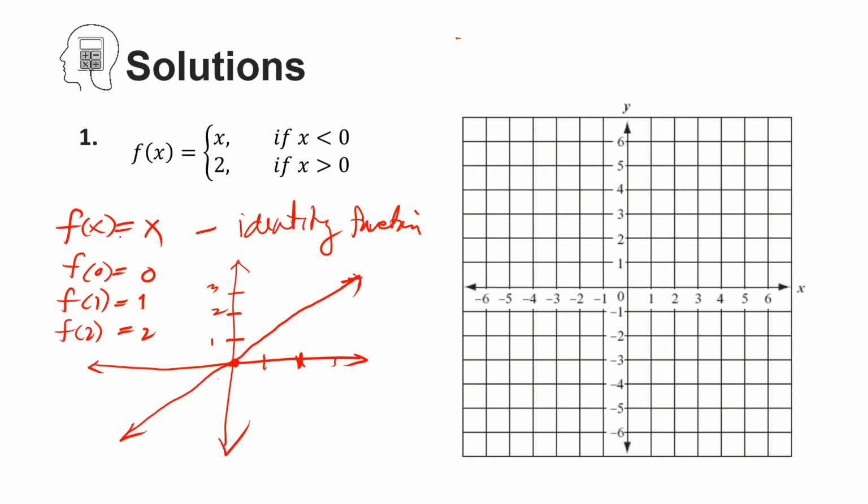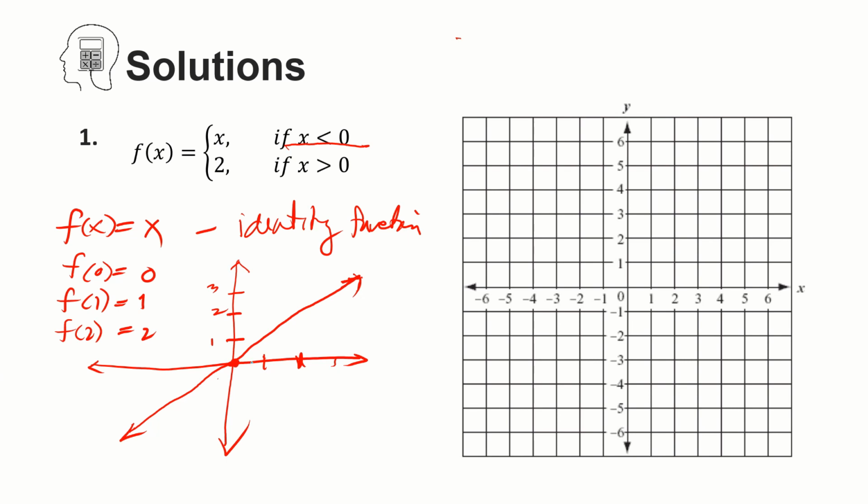However, in the definition of a piecewise defined function, we have an interval of x which serves as a condition. Since we have a condition here, it states that our function f of x is equal to x if and only if our x is less than 0. Therefore, we need to identify the part of the graph where our x is less than 0. So let's use another color here.